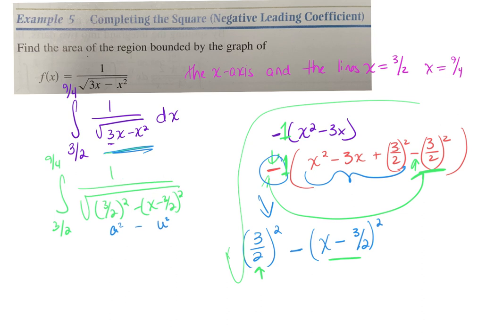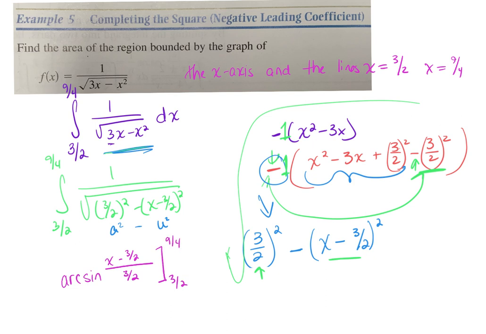And I can say the arc sine then of function over my number. So x minus 3/2 over 3/2, from, and I don't have to do plus c because it's bounded, from 3/2 to 9/4.